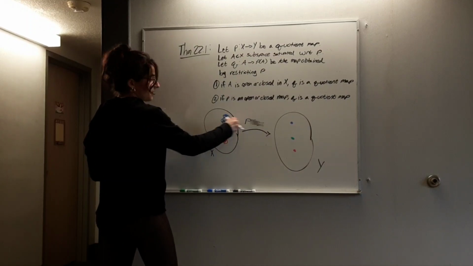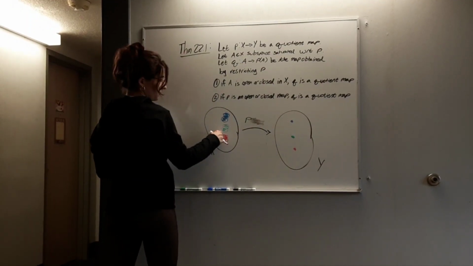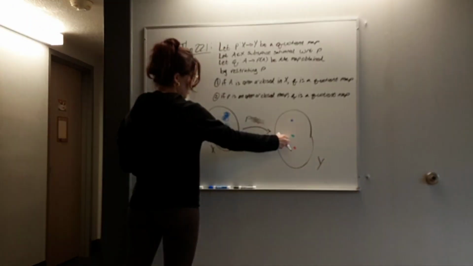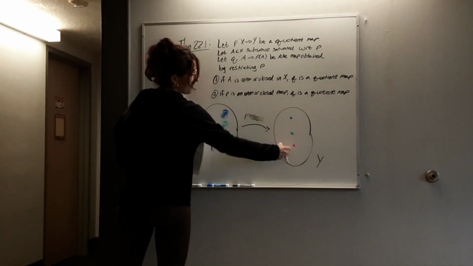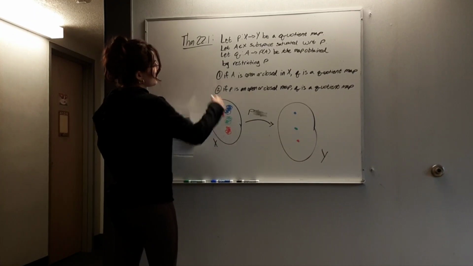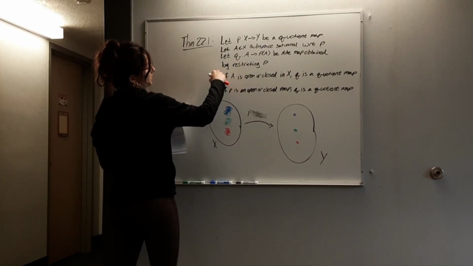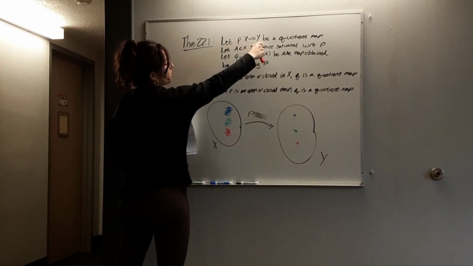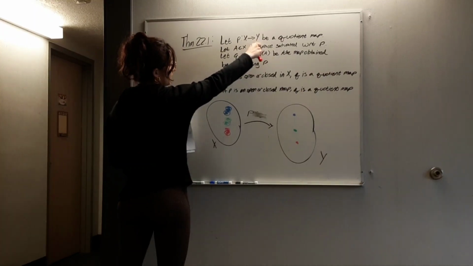And so the blue in X gets mapped to the blue in Y, the green in X gets mapped to the green in Y, and the red in X gets mapped to the red in Y. And so that is the visualization of our quotient map p from X to Y.